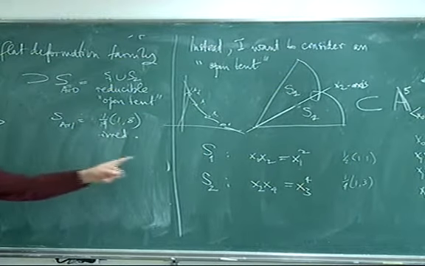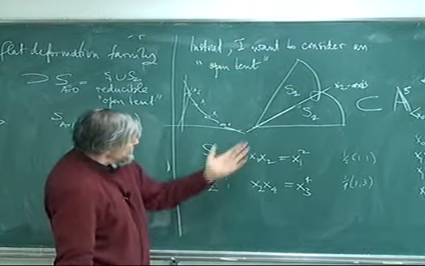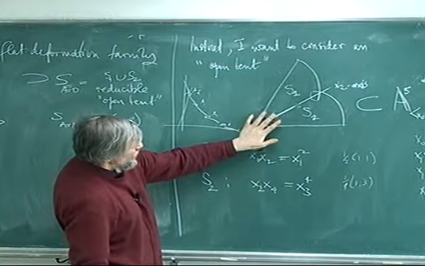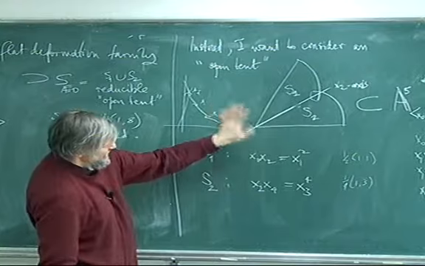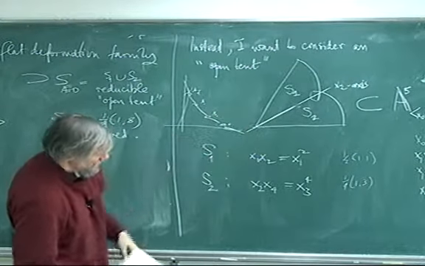Okay, so I want to do this. The reason I'm doing this now is because later on I'll be doing deformation of closed tents, and it's basically using the same idea and the same language.